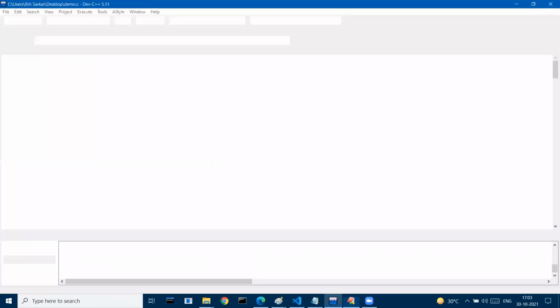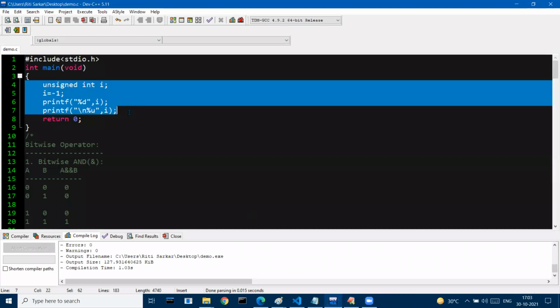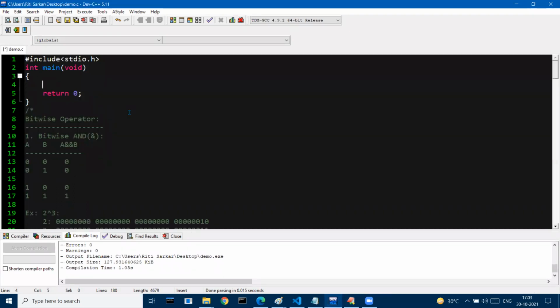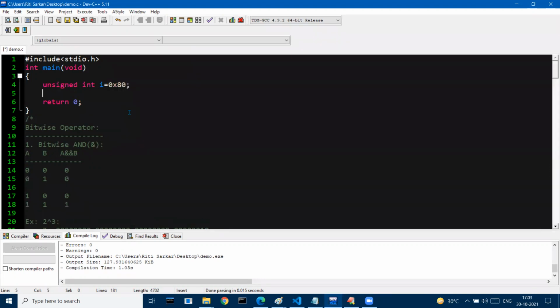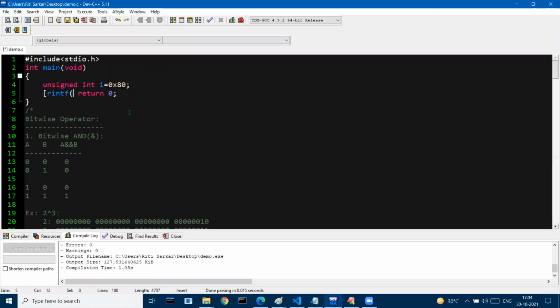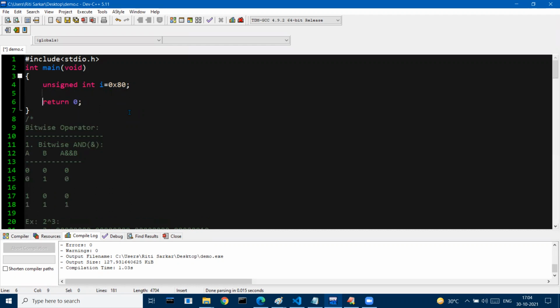Say for example, I'm writing one code here: unsigned int i is equal to 0x80, followed by a printf statement, printf %d and then i left shift by 1.